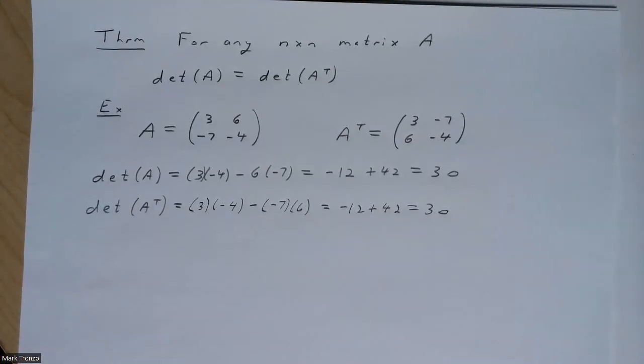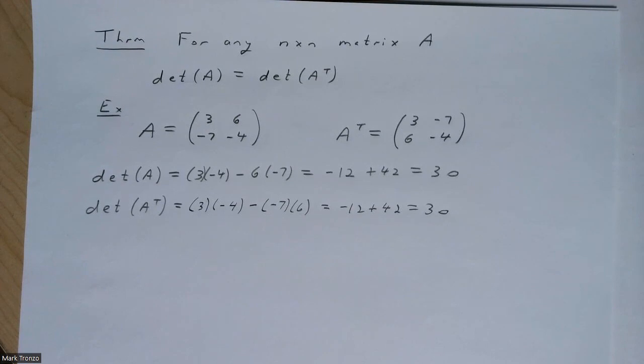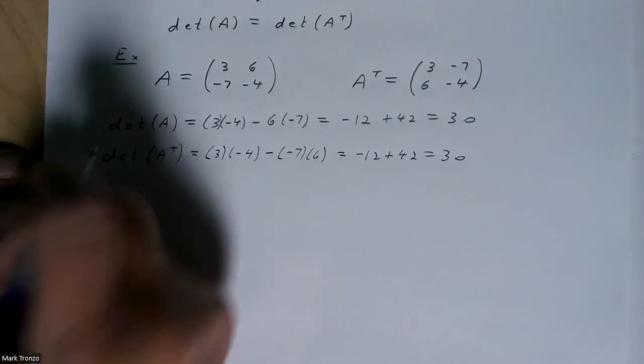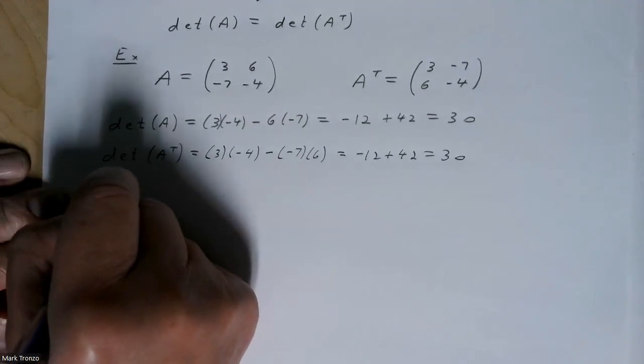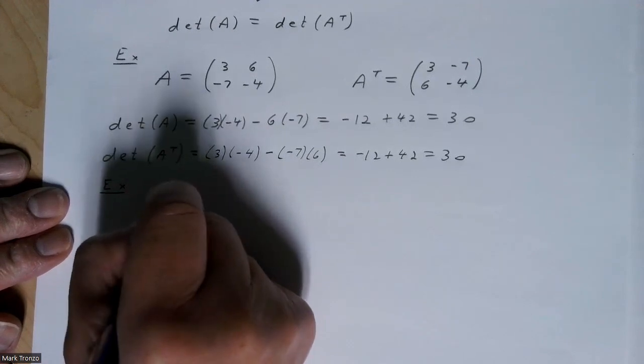Now on this one, you can say, wait a minute, it looks pretty obvious that it's going to happen for a 2 by 2. So let's maybe try it for a larger matrix and see if we still get the same thing. So let me call this B this time.